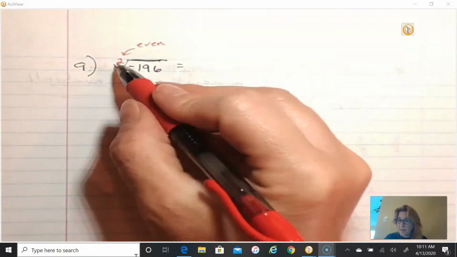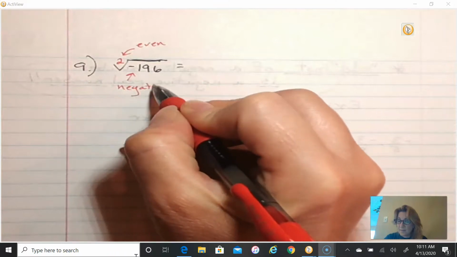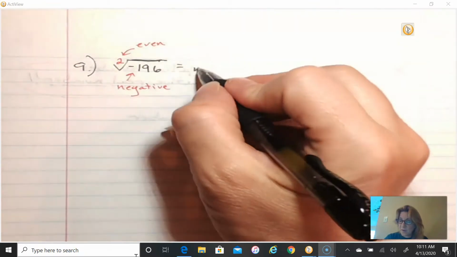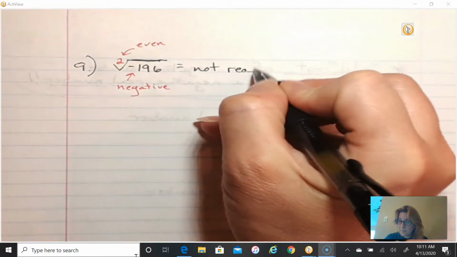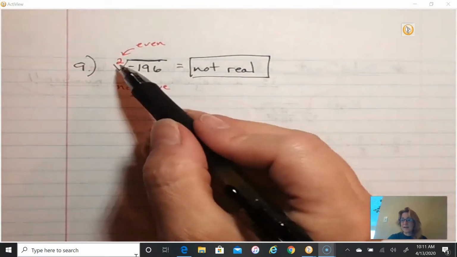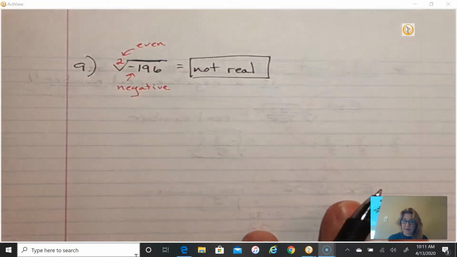You cannot have an even root and a negative in the radicand. Cannot do it. So therefore, it's not real.